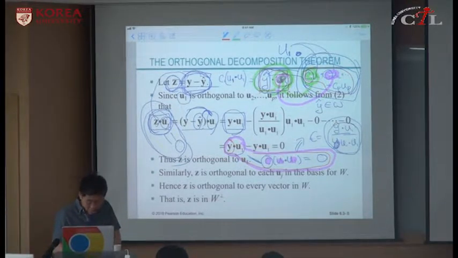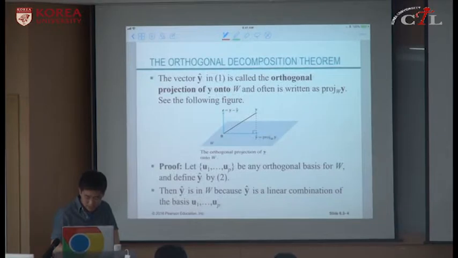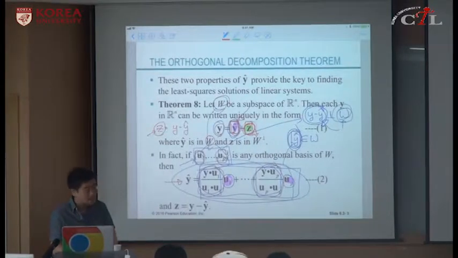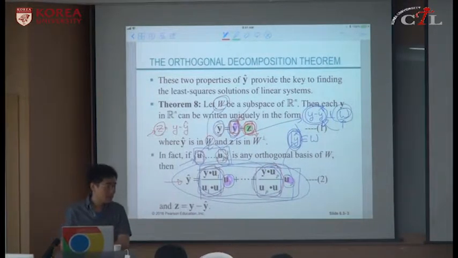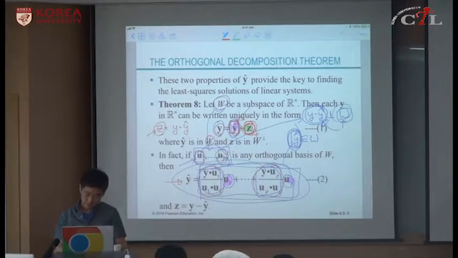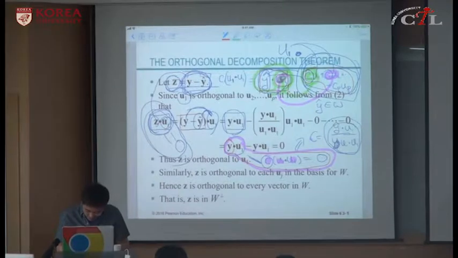So we want to build up the equation that y minus y hat, which is our z part, should be perpendicular to any vector in subspace W. In other words, y minus y hat should be perpendicular to each of our basis vectors. And so we build up this kind of equation, right?